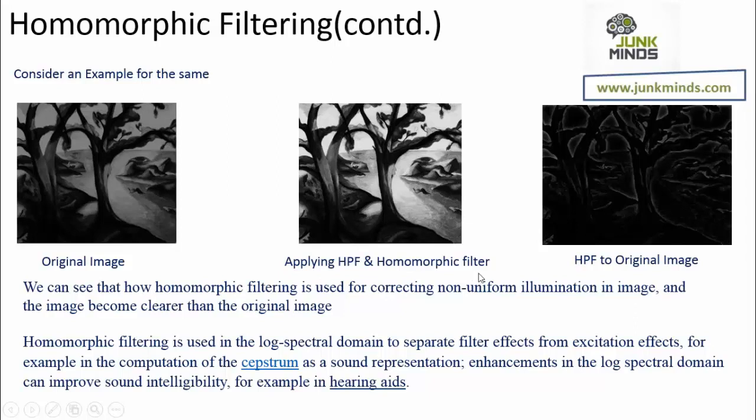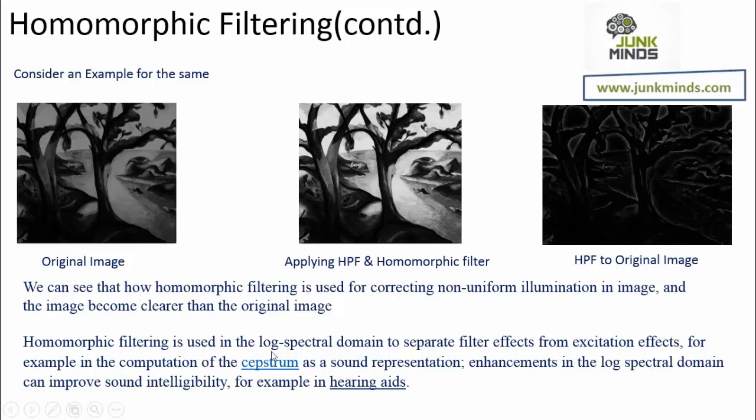Like I said before, if we use the homomorphic filter and the high pass filter together, the image becomes much clearer and better in quality than the original image. So homomorphic filtering is used for correcting non-uniform illumination. You can see the illumination has become much better and the image has become clearer than the original.